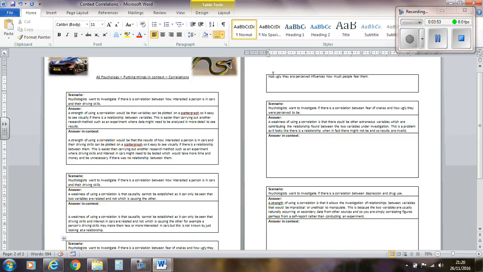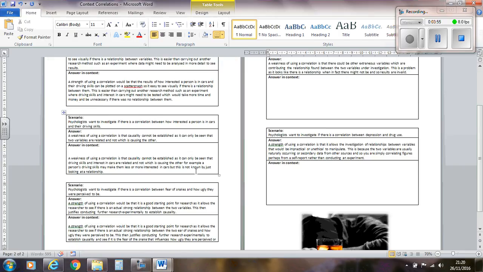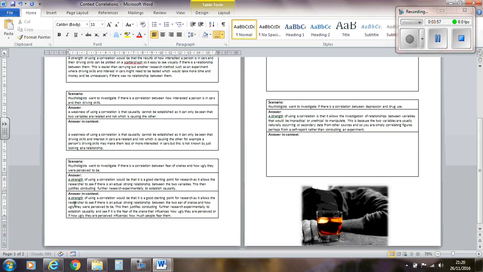So we've got a strength of using a correlation: it's a good starting point for research, as it allows the researcher to see if there is an actual strong relationship between fear of snakes and how ugly they're perceived to be. This then justifies conducting further research experimentally to establish causality and see if it is the fear of the snake that influences how ugly they're perceived, or if how ugly they're perceived influences how much people fear them.